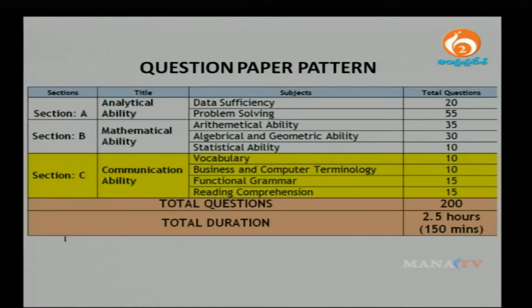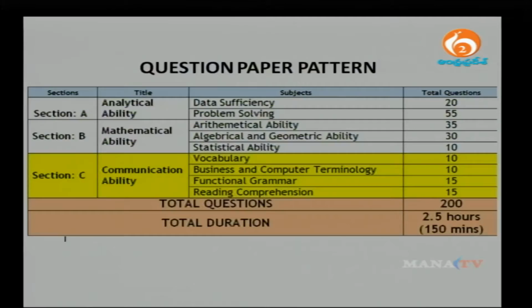Vocabulary, business and computer terminology, and functional grammar: for these three areas you do not have to spend too much time. Once you read it, you can quickly pick the correct answer. Passage comprehension is where you will face a challenge, because you will have three different passages that you need to respond to.